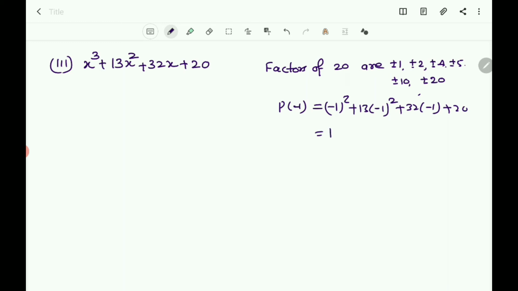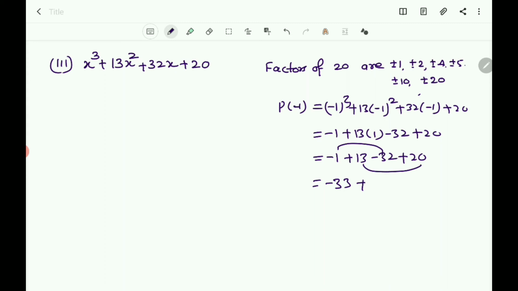That becomes -1 + 13 - 32 + 20. The sum of -1 and -32 is -33, and the sum of the other two is 33. So you get p(-1) = 0.